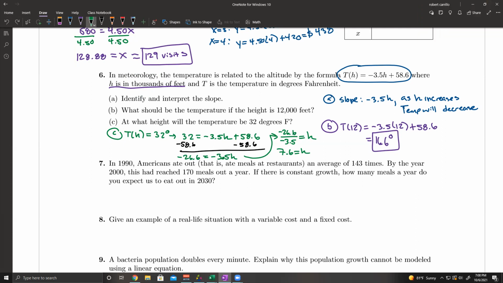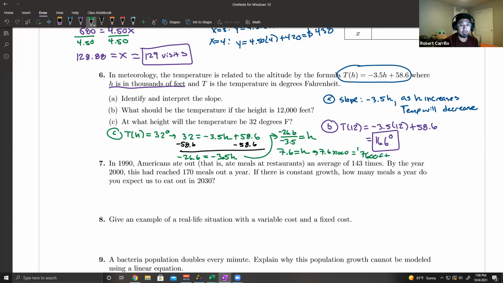And 7.6 times 1,000 is how many feet? 7,600 feet. Okay. So at 7,600 feet, the temperature is 32 degrees.